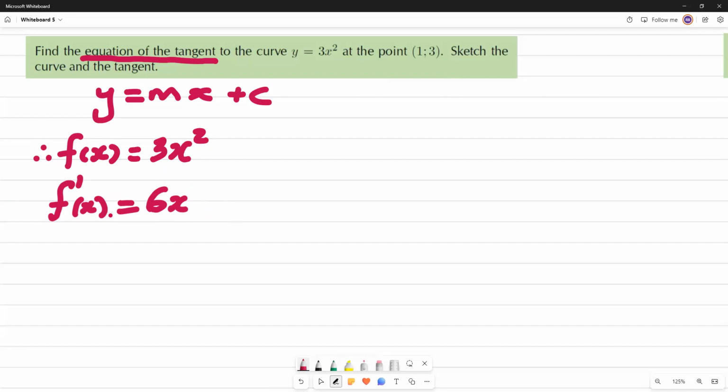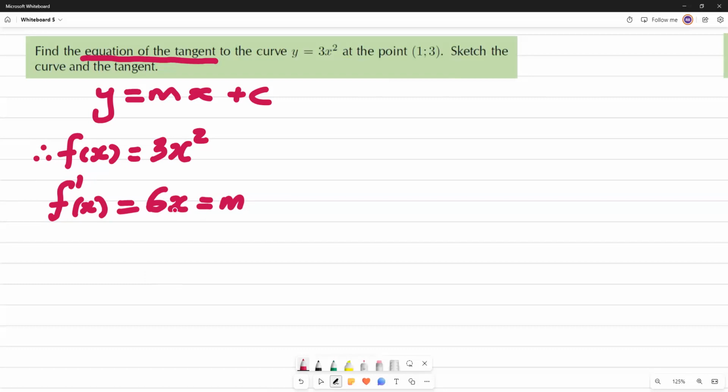And then we agree that the derivative is basically the m, the gradient of the curve at any x value. Remember, the gradient of the curve is not like that of a straight line. It's always changing at any x value. So every tangent will have a unique gradient on the curve.